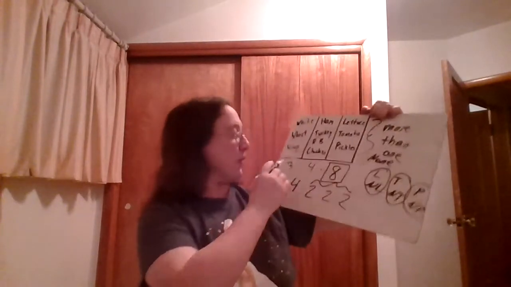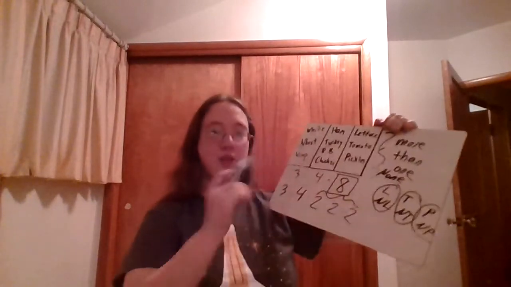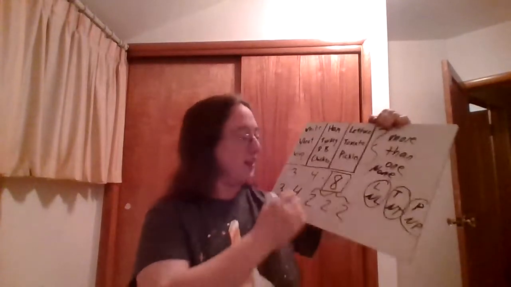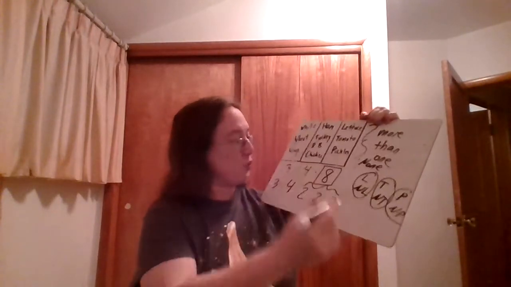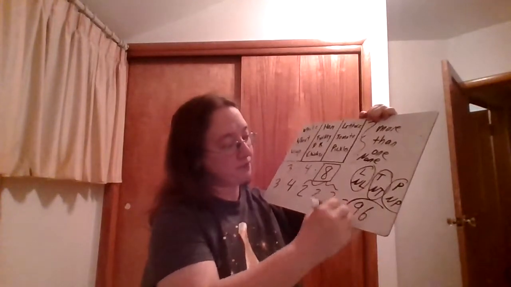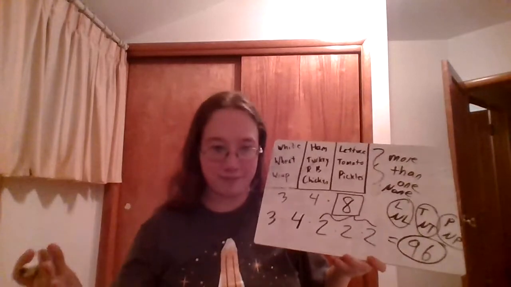So you're going to get the same thing either way here. So whether I go 3 times 4 times 8 or go 3 times 4 times 2 times 2 times 2, you're going to end up with the same thing because 2 times 2 times 2 is 8. So either way, you're going to get 3 times 4 is 12. 12 times 8 is 96. So you got 96 different things either way.